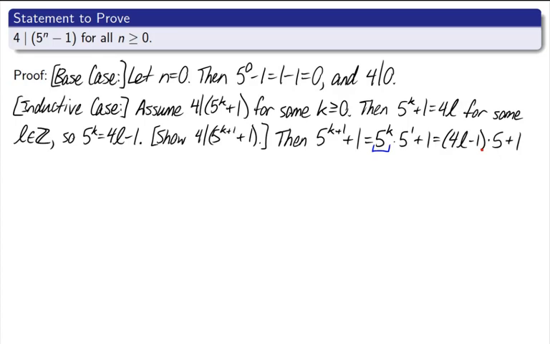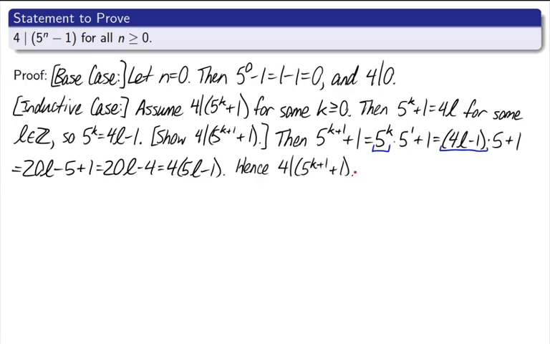Let's distribute our 5. I get 20l minus 5 plus 1, which is the same thing as 20l minus 4. Hey look, that's a multiple of 4. That's 4 times 5l minus 1, and that's all that I need.